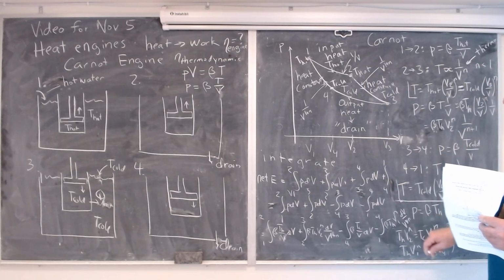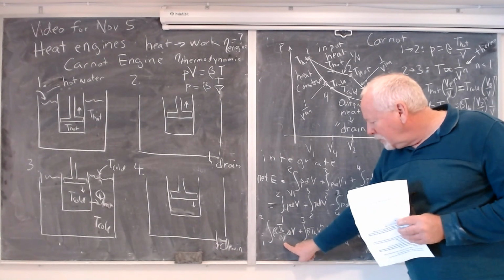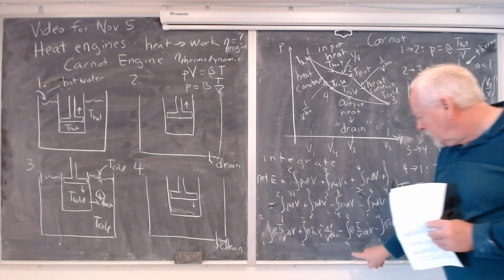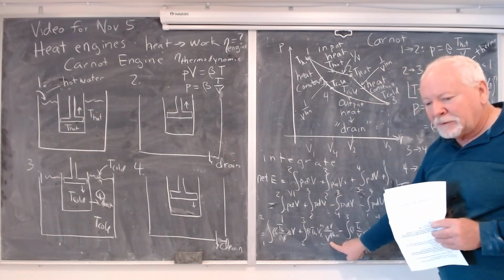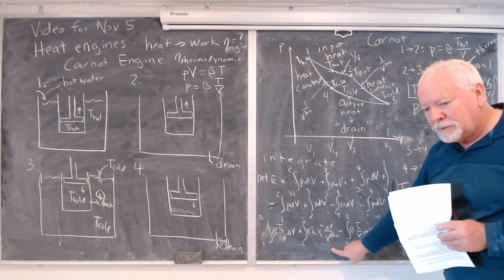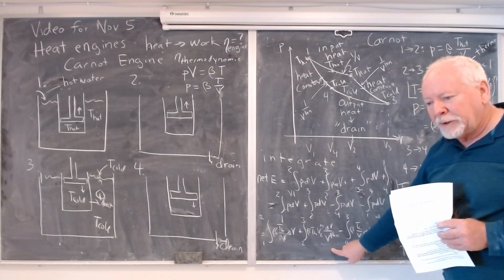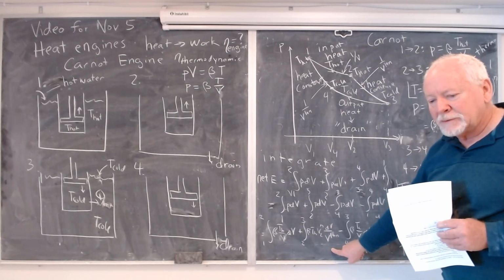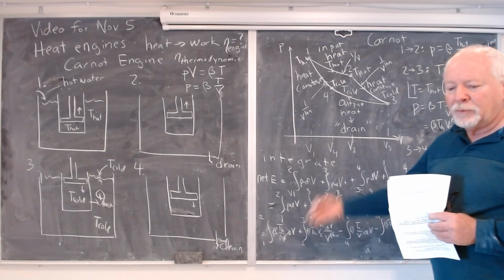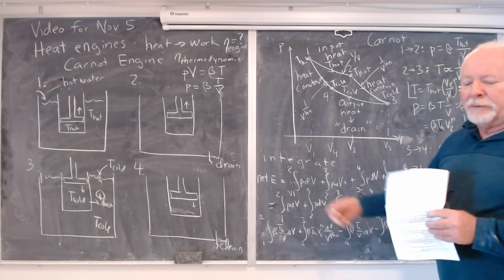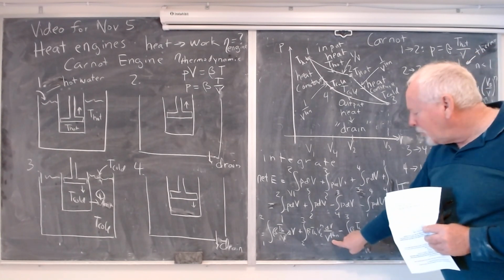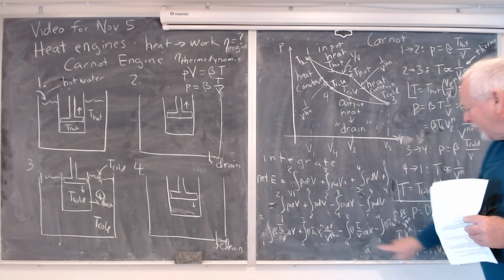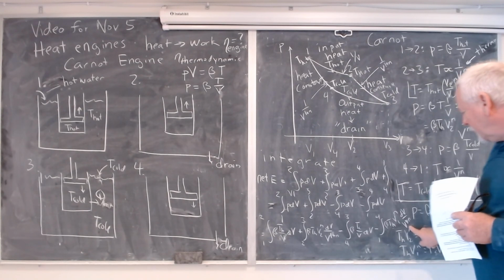And next time when we do the integration, you know how to integrate 1/v. You know how to integrate 1/v to the 1 plus n. This always gives me trouble because of the rule, you take a derivative, x squared is x, that sort of thing. But when it's in the bottom, negative numbers always give me trouble. But we know how to do that integral. And of course, these are the same things again here.